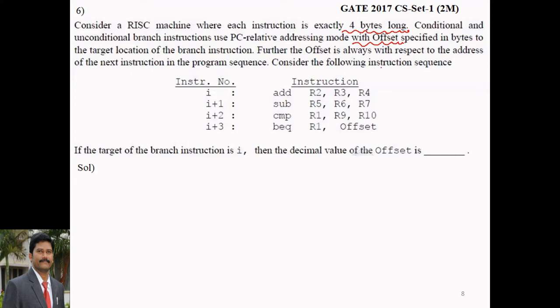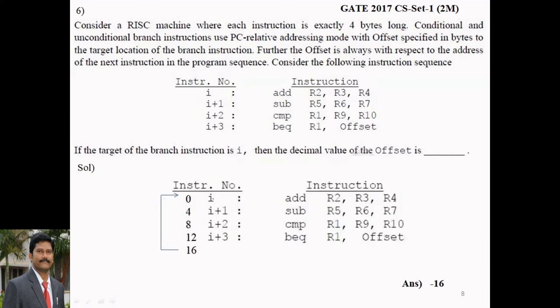Consider the following instruction sequence. Instruction 1, some add operation. Instruction 2, some subtraction operation. Instruction 3, some compare operation. Instruction 4, a branch instruction, BEQ, which means branch if equal. Let us say the address of the first instruction is 0.